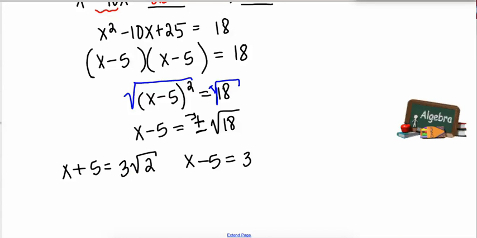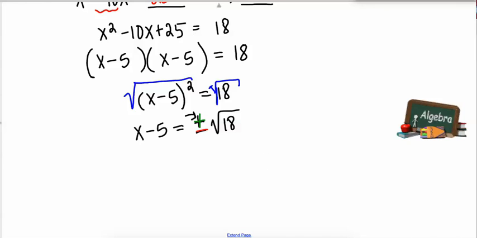Yeah, I messed that up. They're both going to be x minus 5. Here's my positive, and here's the negative, negative 3 times the square root of 2. In fact, I'm going to rewrite that again.